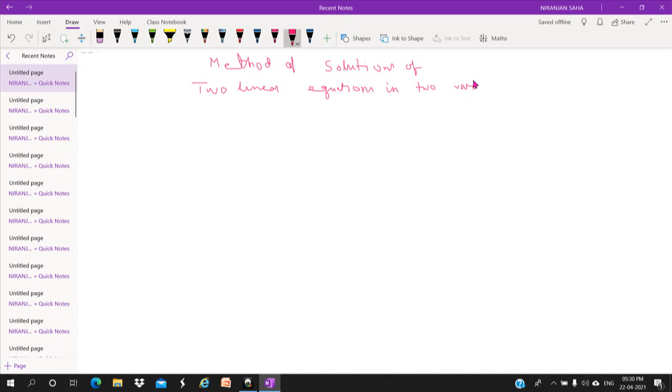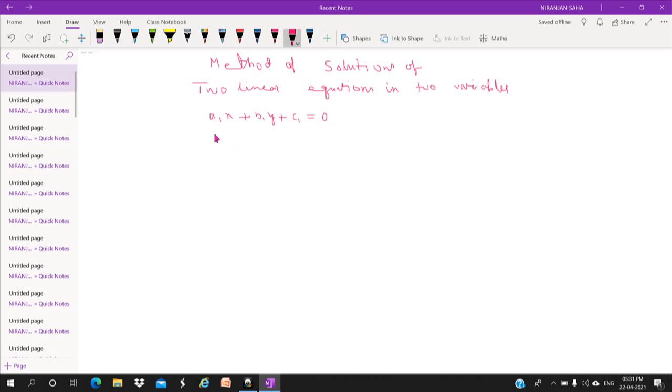First, we discuss the form of a linear equation in two variables. Take two equations in this form: a1 x plus b1 y plus c1 is equal to 0. This is the first equation.